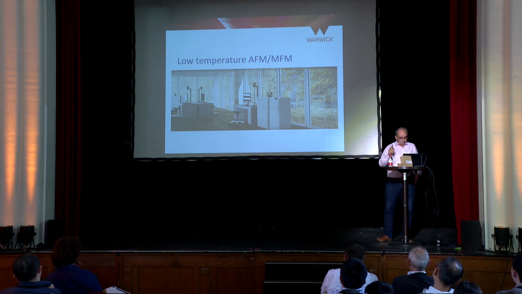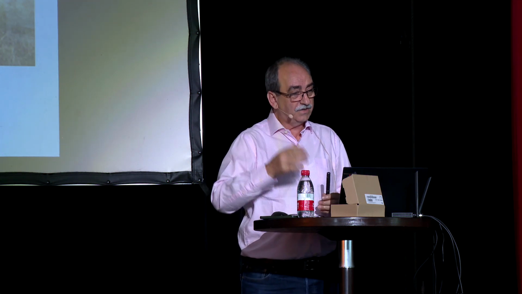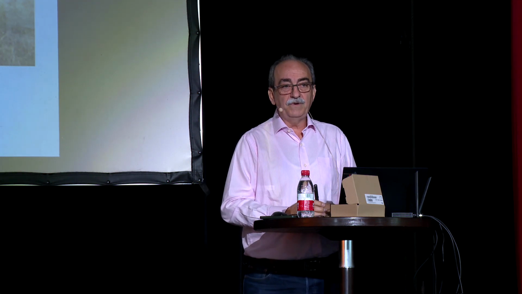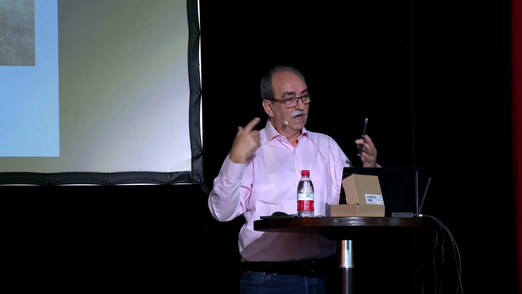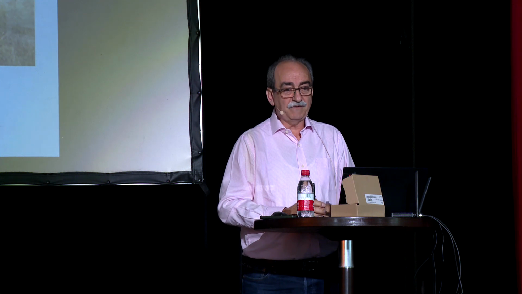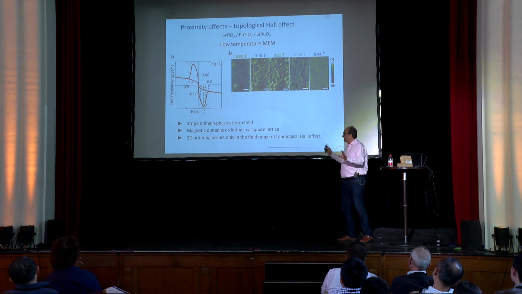But the machine is good, and we can do magnetic force microscopy at low temperature, exactly in the temperature range we need. We also had a big advantage because we have a magnetic vector field on the machine. So we started looking at that, and these are the main results.